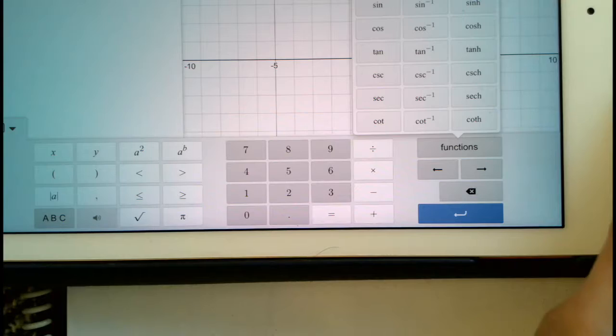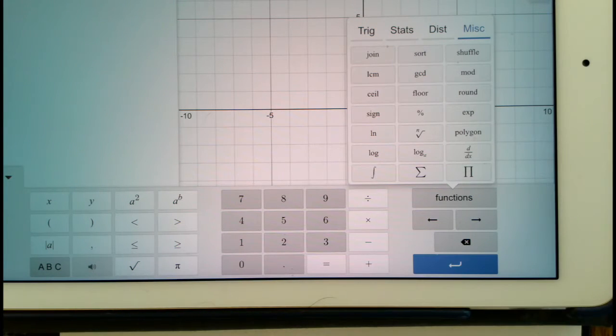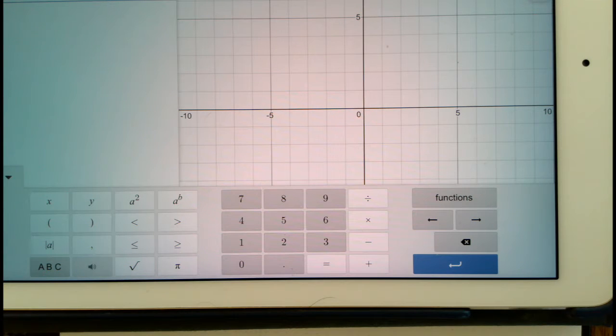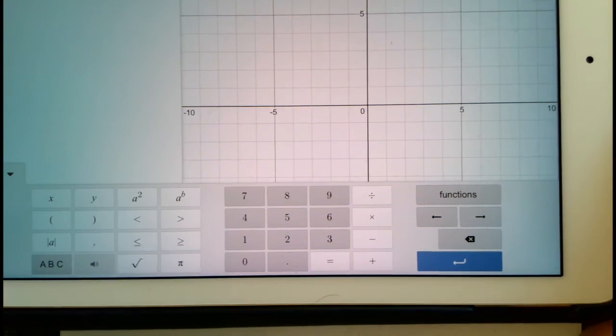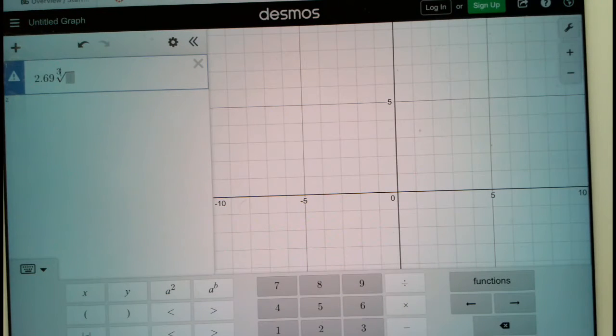And we're going to then, as I scoot this down, go to miscellaneous, that last column, and then here's our cubed root button. And so when we go back up here, then we can type that 3 into the check mark part of the radical. And then again, instead of typing v, I'm going to type in x.